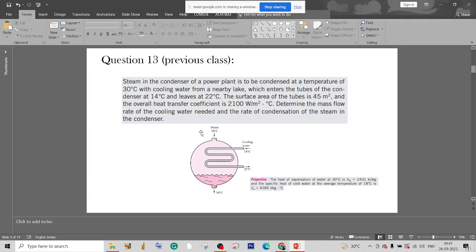Now Q is equal to, for cold fluid, mc cpc (tc naught minus tci). Now as phase change is taking place on the other side, here it is mh into heat of vaporization, that is hfg, that is already given here, 2431.